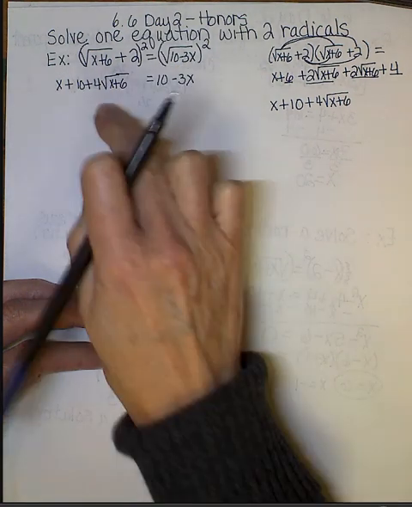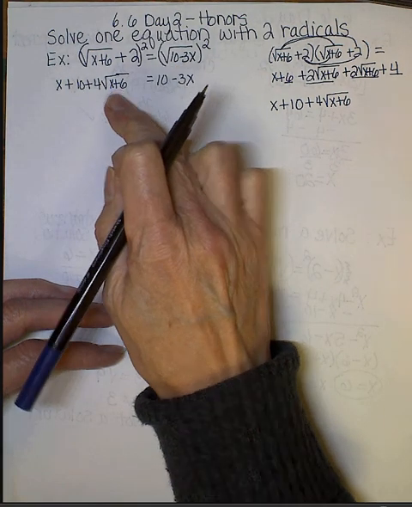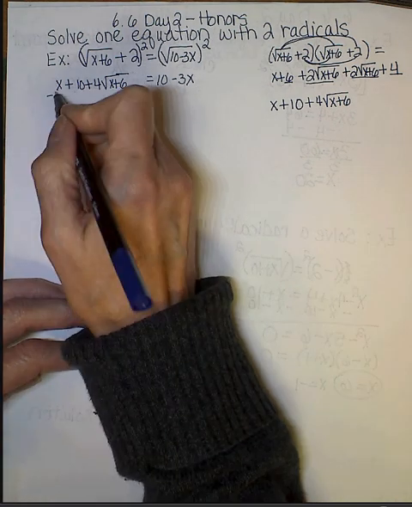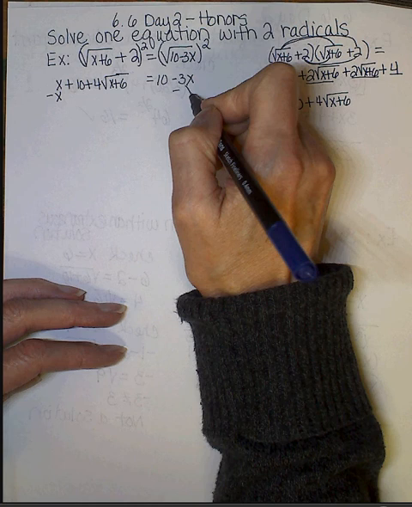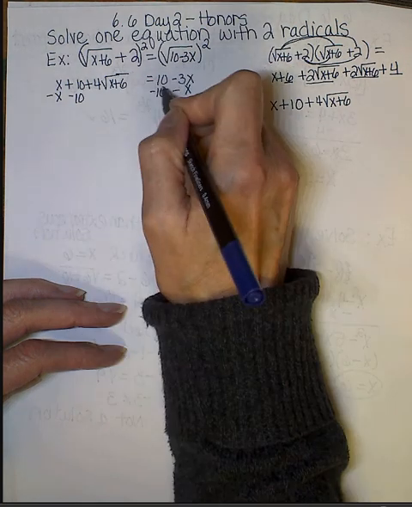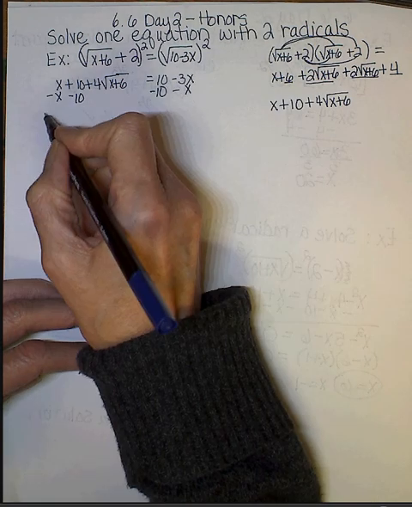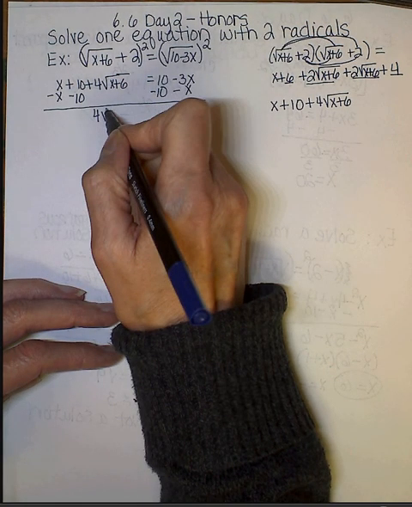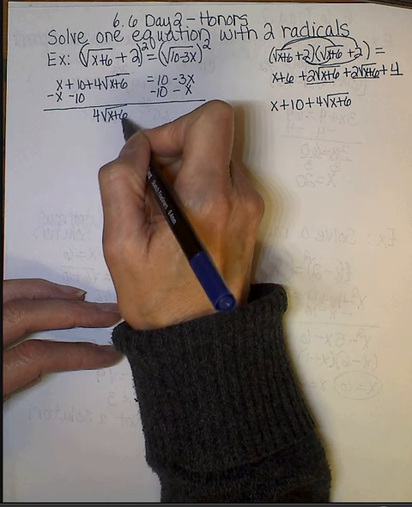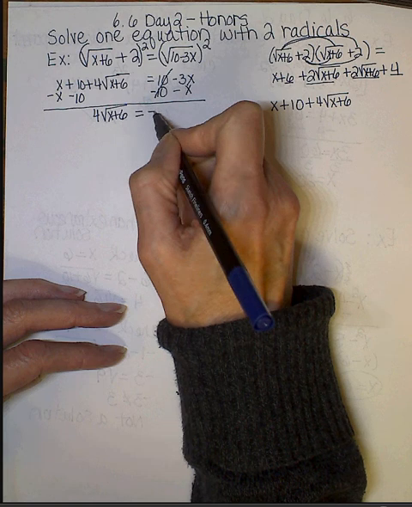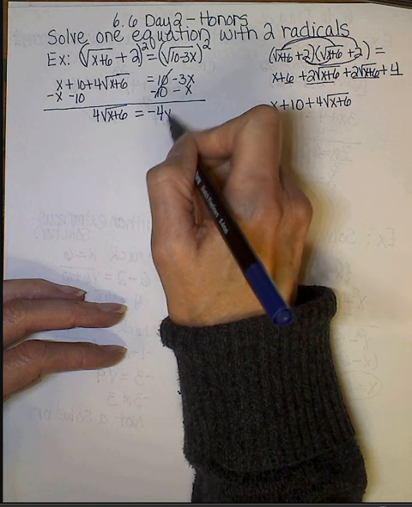Okay, so now we still have a radical in our equation, but I'm just going to isolate it and go through our steps again. So I'm going to subtract over the x, and I'm going to subtract over the 10. Okay, now that would leave 4 times the square root of x plus 6 on this side, and then that goes to 0, and I would get negative 4x here.